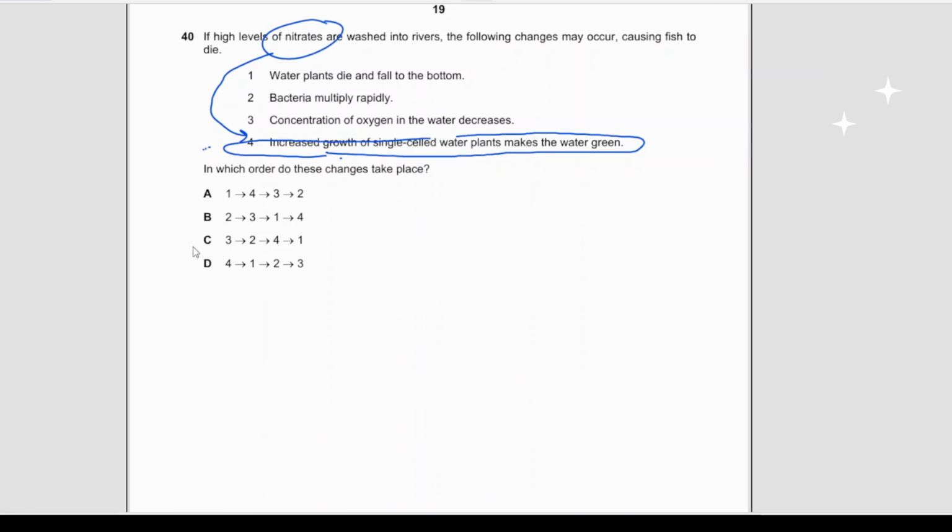This could be the first one, so the answer is already given, D. Then, after that, they die, due to which there would be more decomposers, that is C2, and they use oxygen, so there would be less oxygen available. So the answer is D.